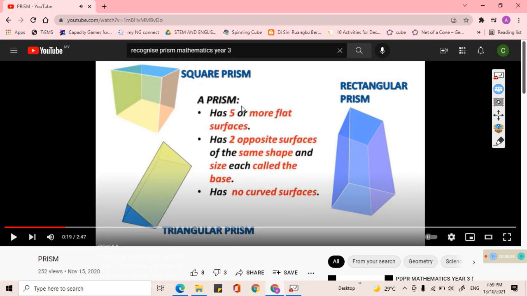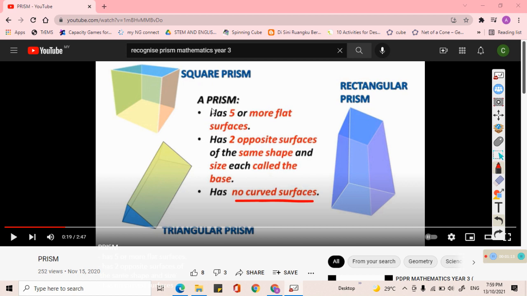Okay, so here are the things that you have to remember. These are the characteristics of a prism. Has 5 or more flat surfaces, has 2 opposite surfaces of the same shape and size, each called the base, and has no curved surfaces. This one is the really important point that you have to remember.